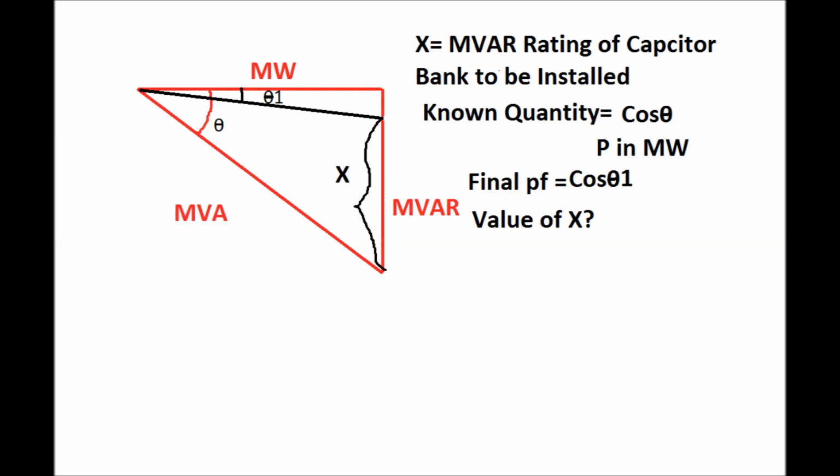We have to calculate it by means of these three data. The known quantities are the initial power factor cos theta, the final power factor cos theta 1, and the load in terms of megawatt. We have to calculate the value of X, which is the size of the capacitor bank required in terms of megavar.